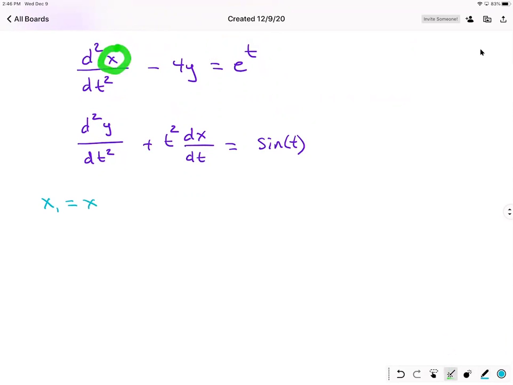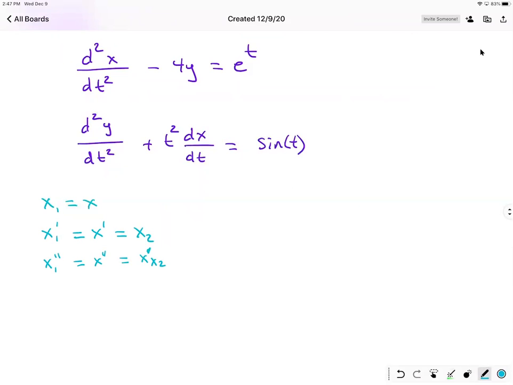Then if I take the derivative of x1, that's equal to the derivative of x, and I'll make that equal to x2. Then the second derivative of x1 would be the same as the second derivative of x, which would be the first derivative of x2.